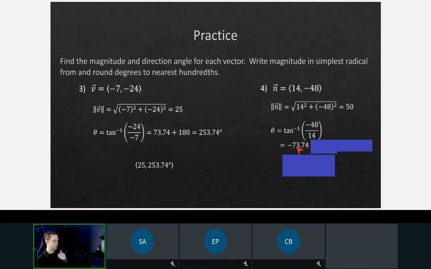So if we rotate clockwise 73.74 degrees, which quadrant are we in?